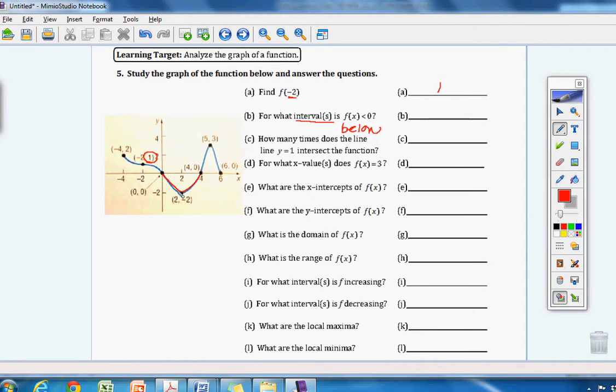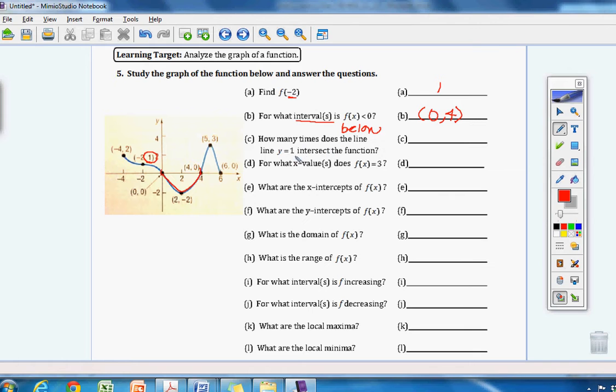But an interval is where I'm labeling all of my x's. So from where to where on my domain, on the x-axis, I'm starting to go below at 0, and I'm ending at 4, and then there's that change. So from 0 to 4 is the interval where my function is below the x-axis. It's all negative y values.